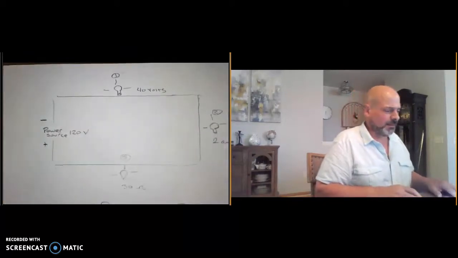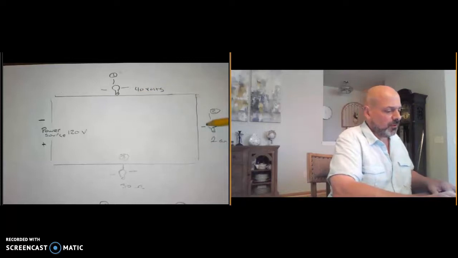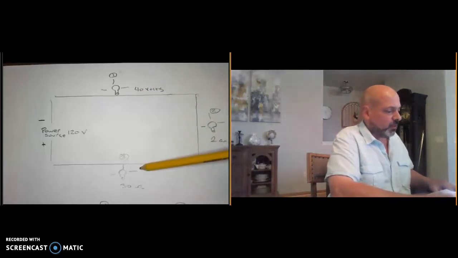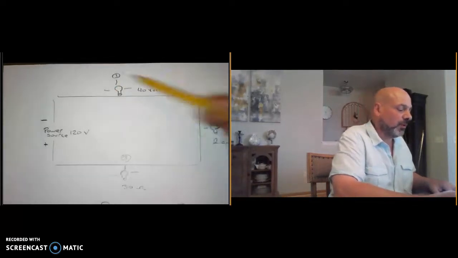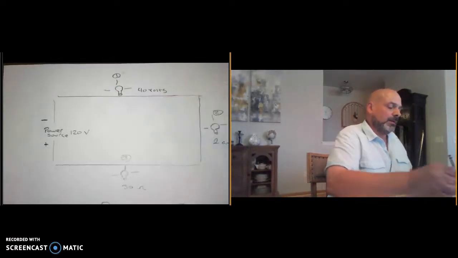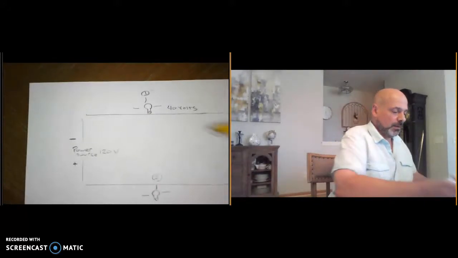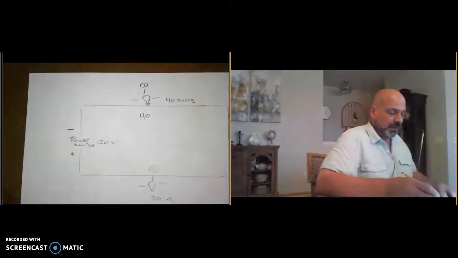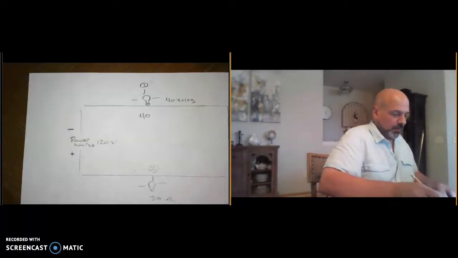Now, one of the qualities of a series circuit is that total voltage is divided. I built a circuit to show what happens if we remove a load. So again, at number 1, we had 40 volts. Number 2, we had 20 volts.